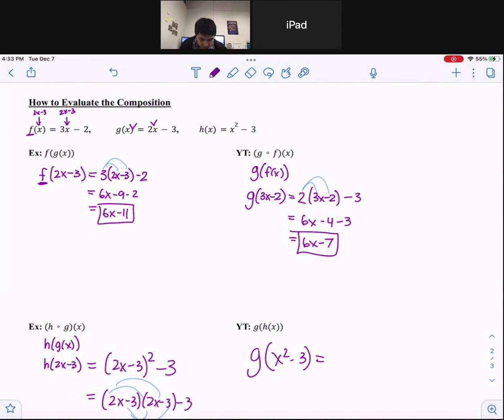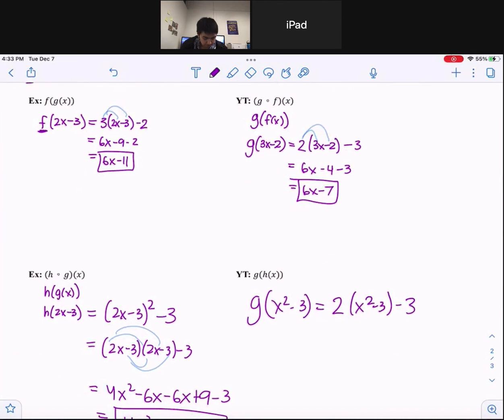I'll just rewrite this. So plug in x squared minus 3 into your x. So you get 2 times (x squared minus 3) minus 3, which is 2x squared minus 6 minus 3, which is 2x squared minus 9. And that is your final answer.